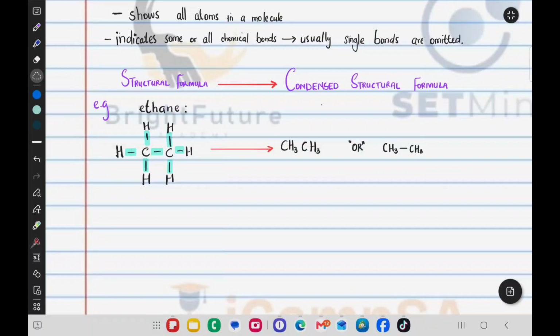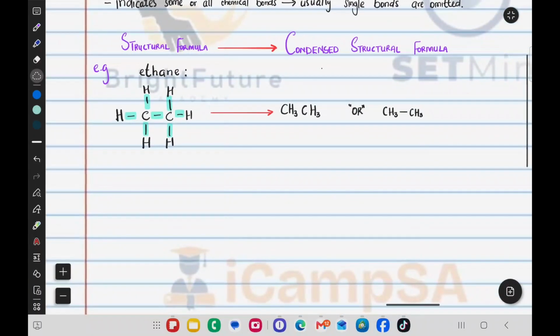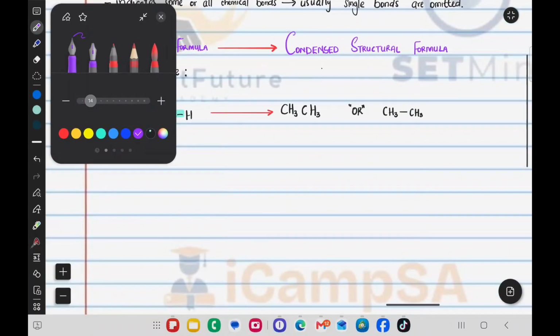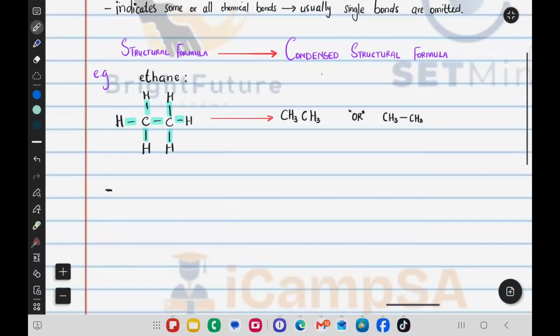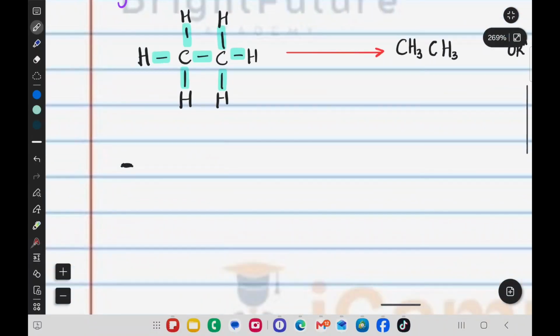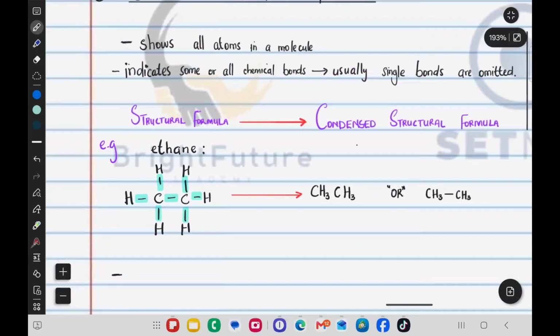I would have to specifically state that you always have to indicate a double or a triple bond. You can't choose. It's not like when you just have a single bond where you have two options, either you include it or you don't. When there's a double bond or a triple bond, you have to show it, okay?